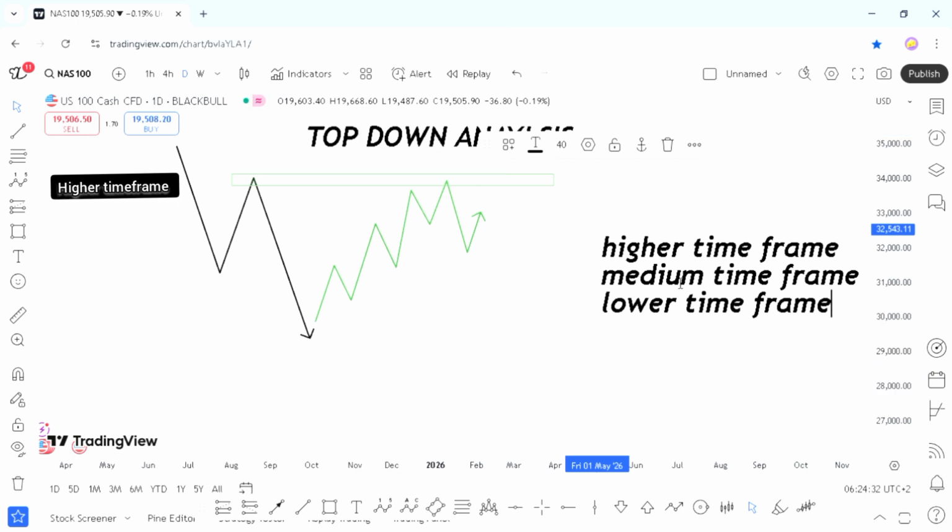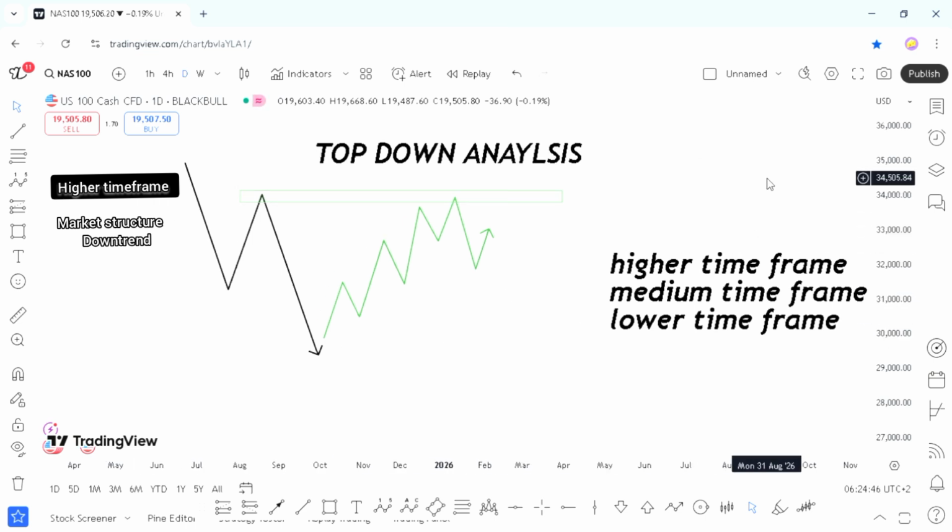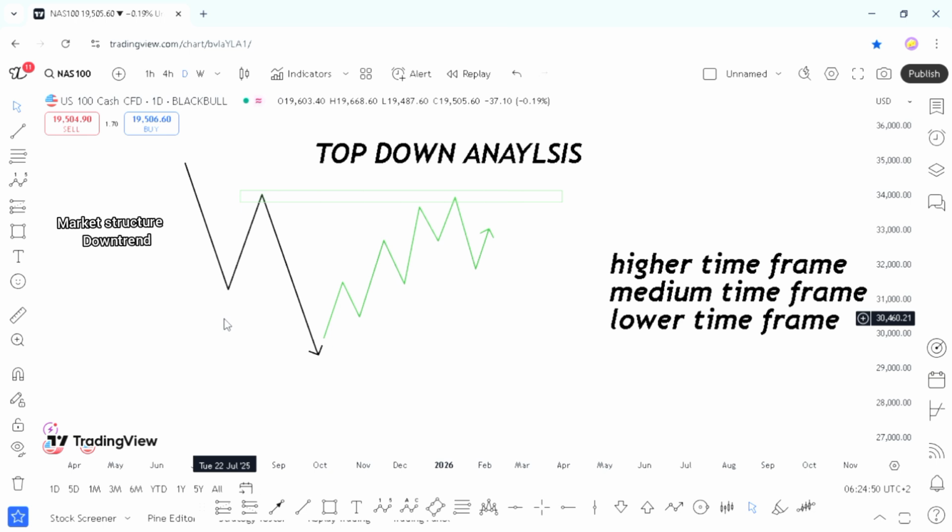Okay, so what you will be looking for at the higher time frames is the whole structure, you're trying to read the market structure. Like I said, on higher time frames, we're gonna be looking to read the market structure.